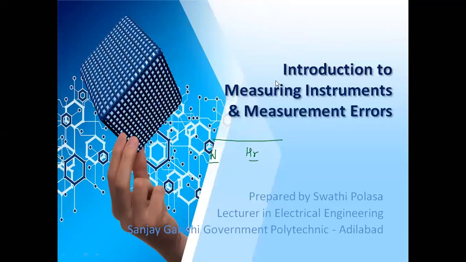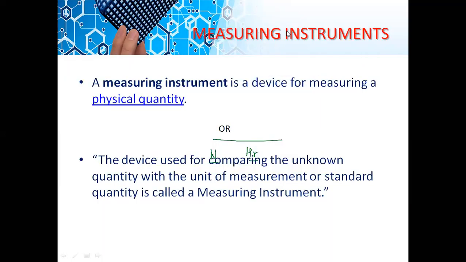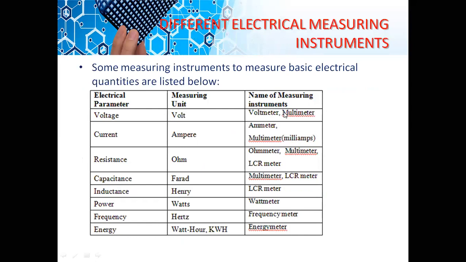So we have seen introduction, and we have seen the definition of measuring instrument, and then we have seen different electrical quantities and what are different meters that can measure these electrical quantities.